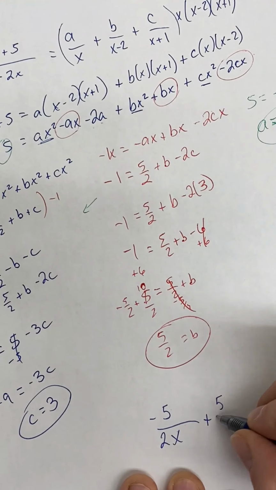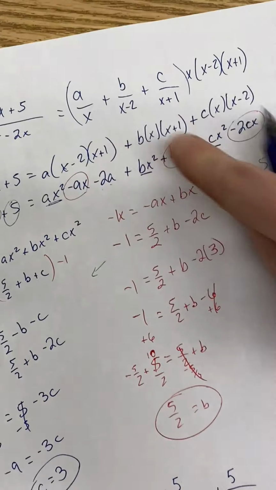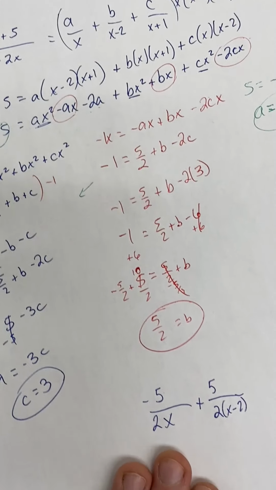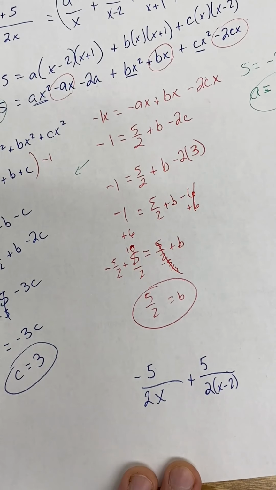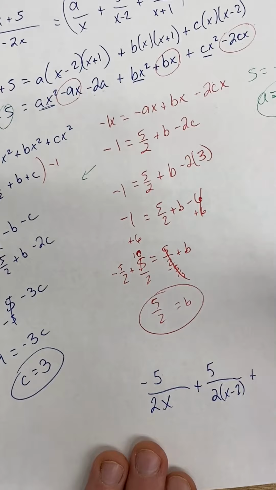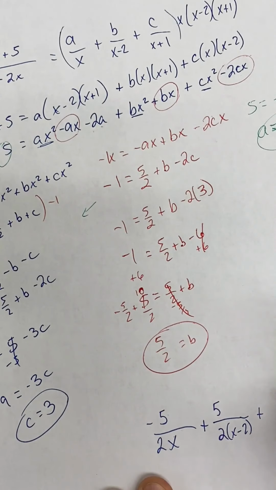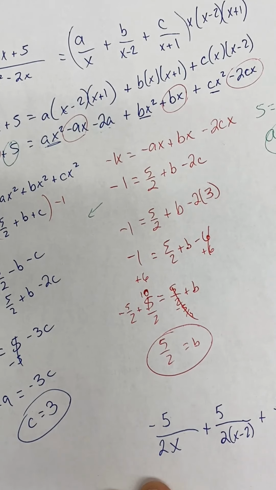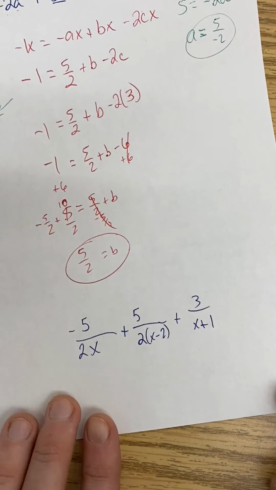Same deal. 5 halves and the x minus 2 is on the denominator with the 2. So just put it like that. Generally, we just leave it that way, but if you feel better about saying 2x minus 4, that's fine. And the last one, c, is 3. So 3 over x plus 1. And that should do it. Make sure you can see the whole answer there.